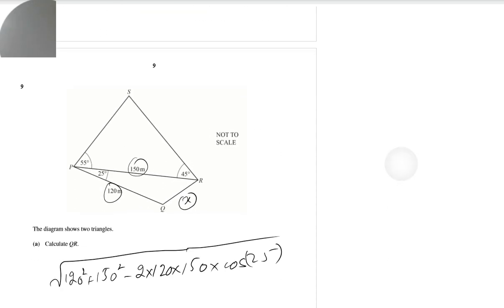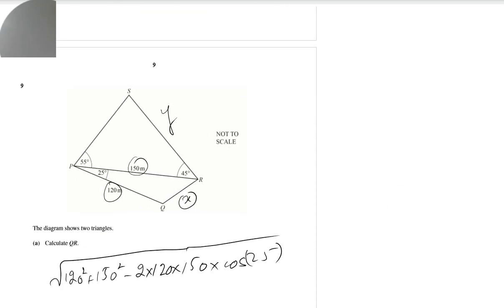RS. Two sides, and I'll be needing this angle. So 60, I think it's 80. 55 and 5 will give you 100.